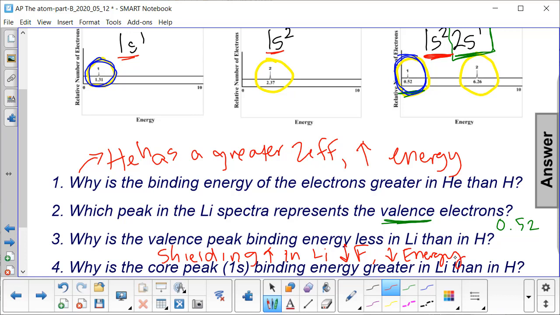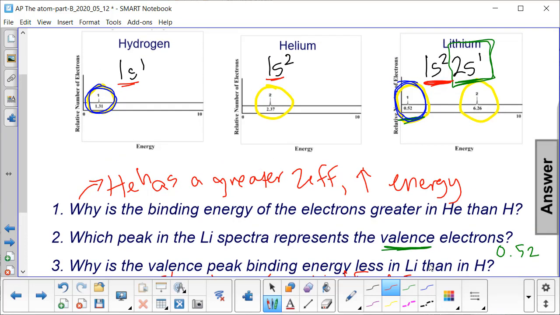Then finally, number 4, why is the core peak 1s binding energy greater in lithium than in hydrogen? So for lithium, the 1s peak is here at 6.26, and for hydrogen it's 1.31.